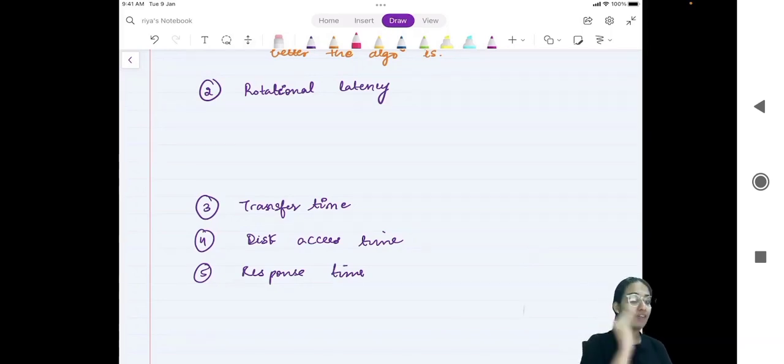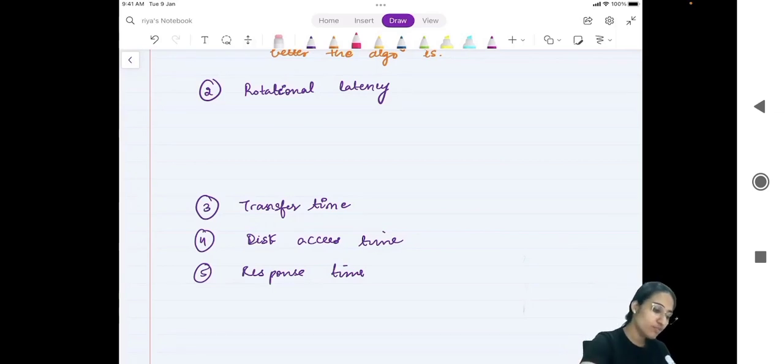So after reaching the track, you also have to move over the track to reach the desired sector where your information is to be read or written, and you have to make sure that your read write heads are exactly above that sector so that we can transfer the information.